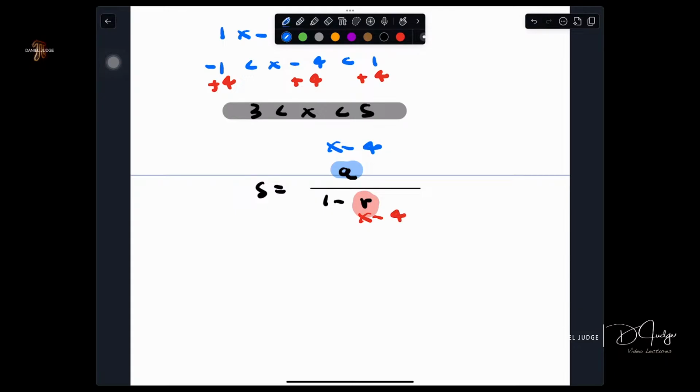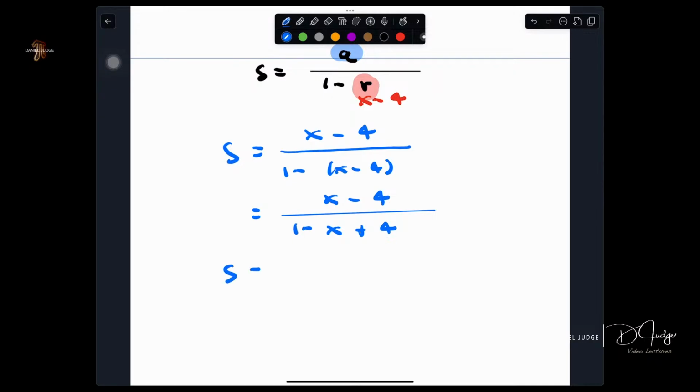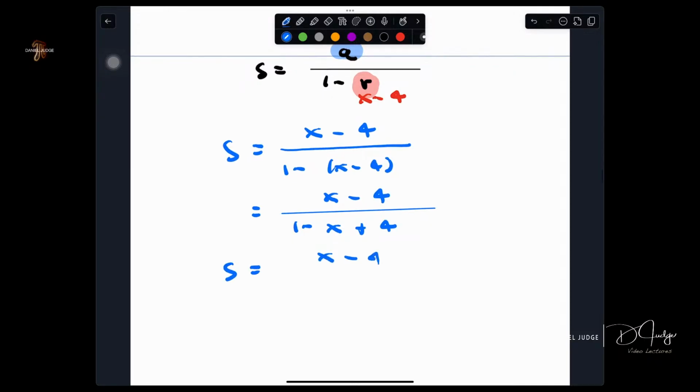So just doing a little arithmetic, we get x minus 4 over 1 minus x minus 4. The sum's going to be x minus 4 over 1 minus x plus 4. Your sum's going to be x minus 4 over 5 minus x.